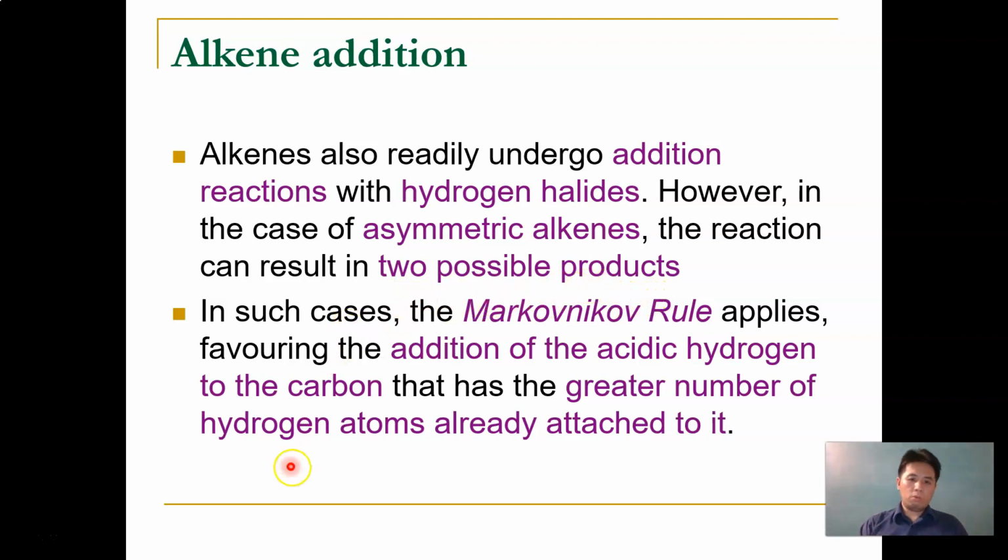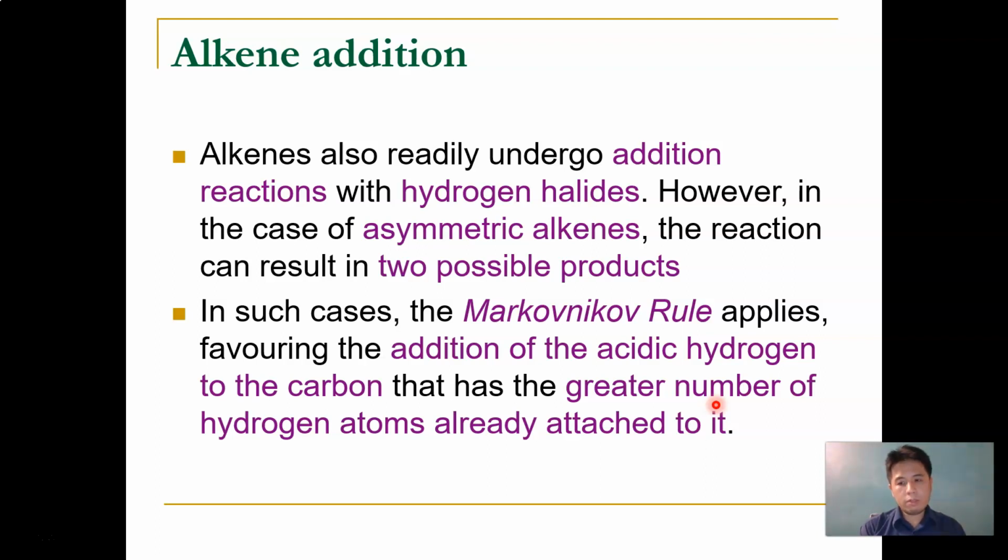To know which of the two possible products is your major product, you will use Markovnikov's rule. It applies by favoring the addition of the acidic hydrogen to the carbon with more hydrogen. So Markovnikov's rule states that for addition, you add hydrogen to the carbon with more hydrogen.